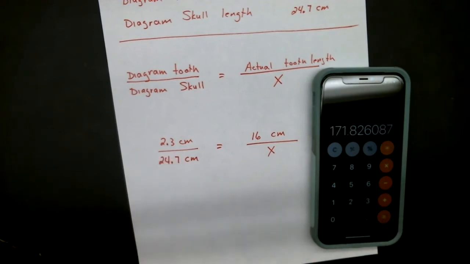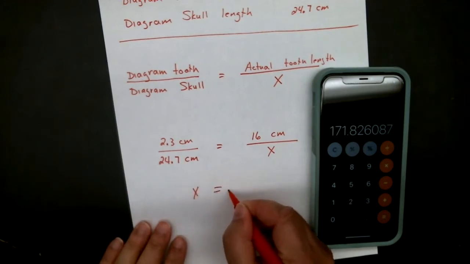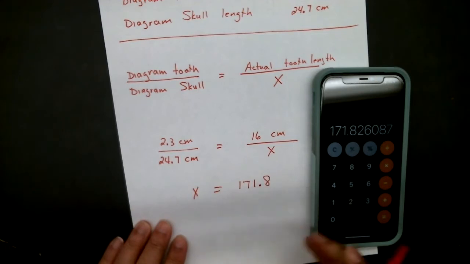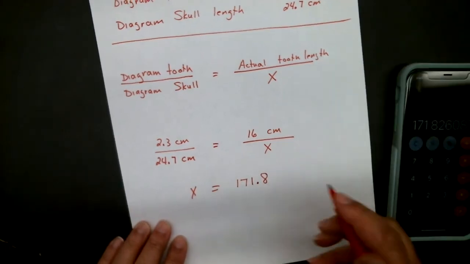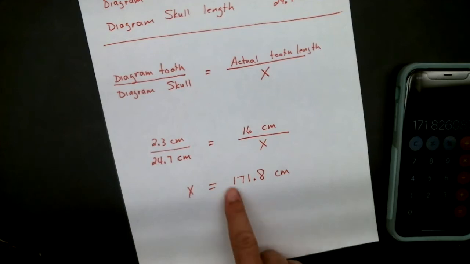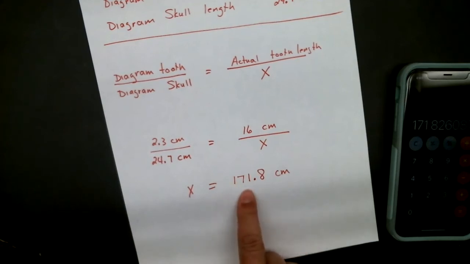And that gives me x equals 171.8 centimeters. There's 100 centimeters in a meter, so that's 1 whole meter and 71, almost 72 centimeters.